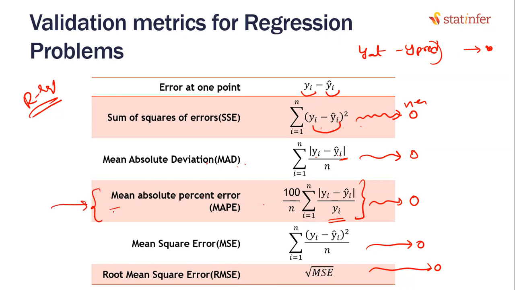Will you be able to recollect this? You can also recollect mean squared error or root mean squared error, but this is another one which is easy. We have also seen it in feature engineering. Mean absolute percentage error tells you what percent error, on an average, the model is making, and that should be near to 0.